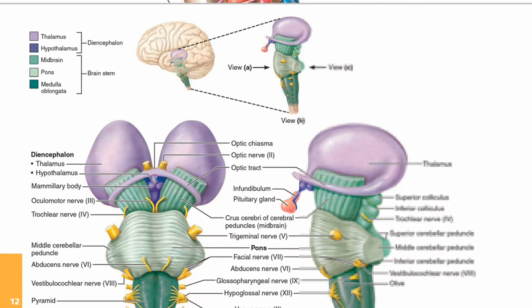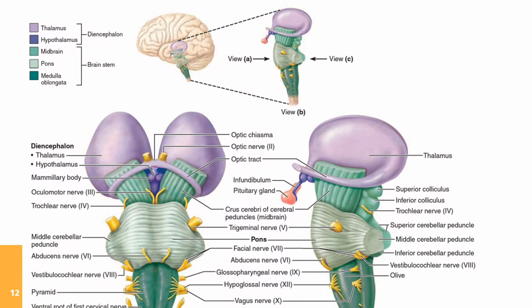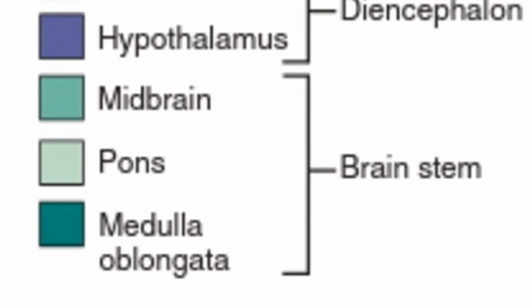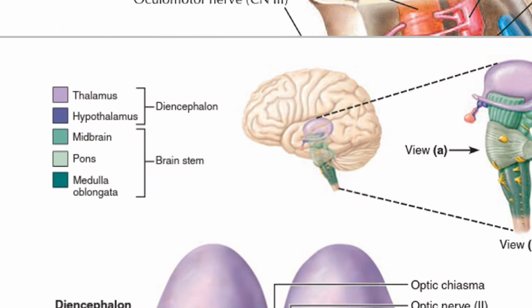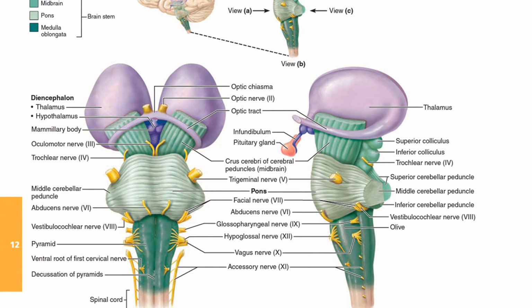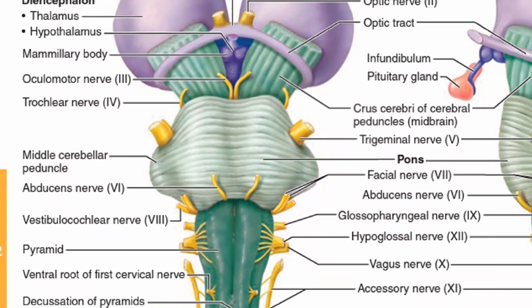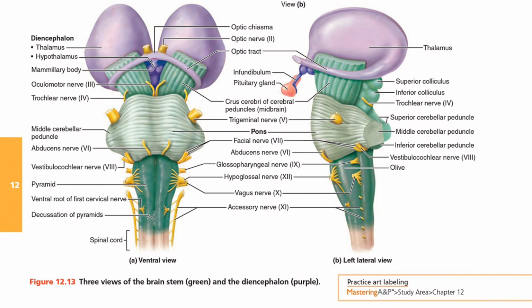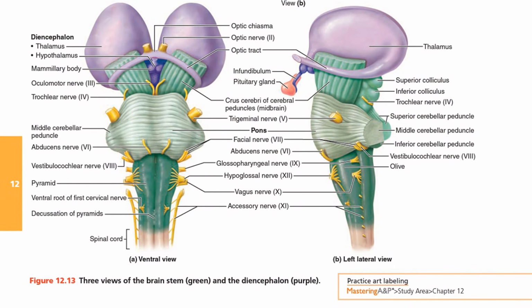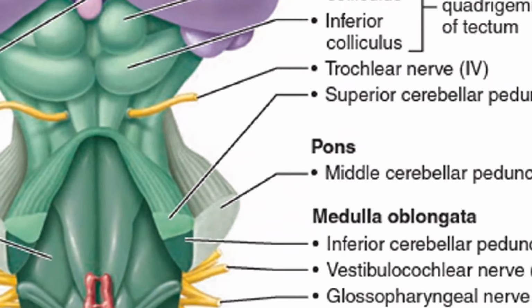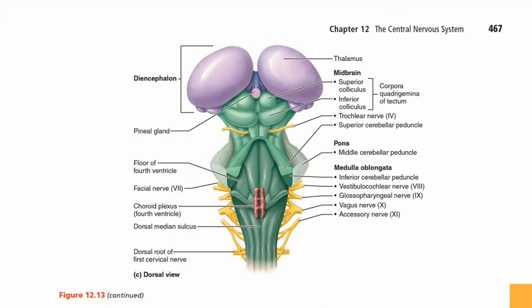Now in this figure, see, the key for the pons is shown in light green color. So here you see the name Pons.